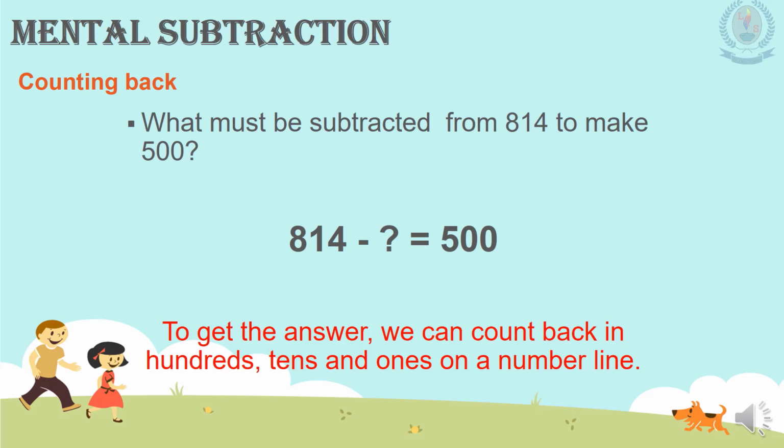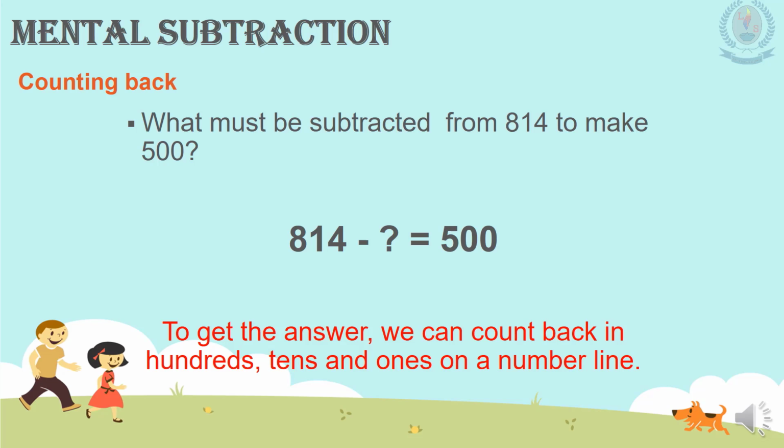Students, now we are moving to mental subtraction. In the earlier lesson, we learned mental addition by practicing the counting on style. Now, in mental subtraction, we are going to practice the counting back style through a number line. Read the example given.